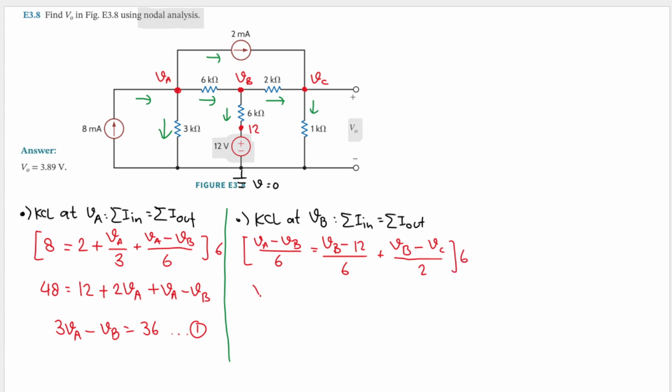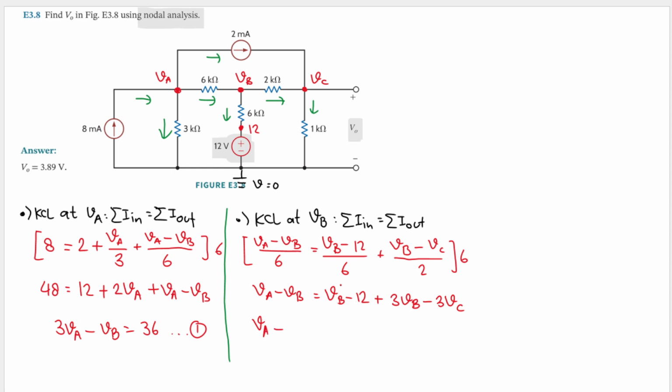Okay, multiply both sides by 6. And we will have VA minus VB is equal to VB minus 12, and then plus 3 VB minus 3 VC. Good. And so we will have VA minus, what is this?